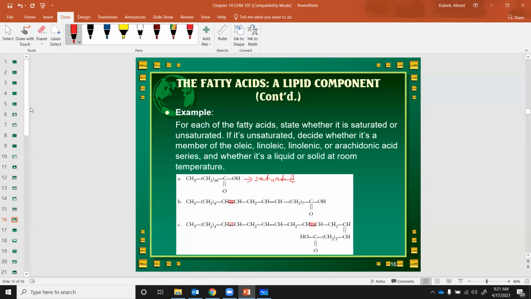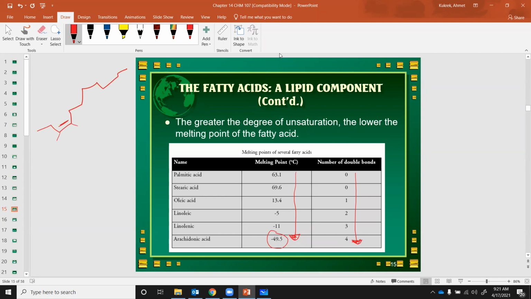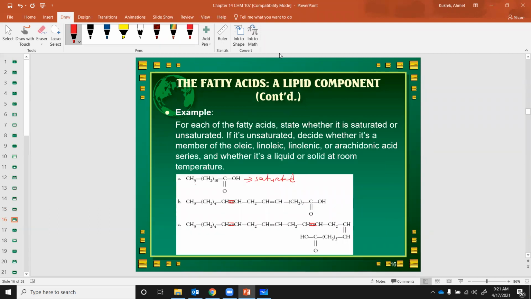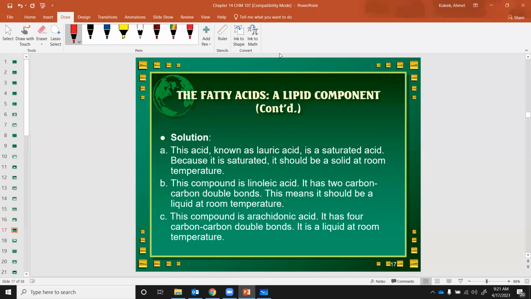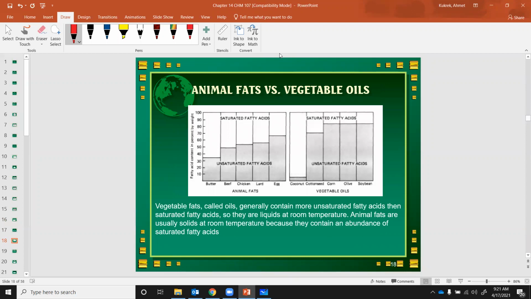Again, you don't have to worry about the other two. I don't want you to memorize things. I want you to understand the reason behind it. And this is another reason, kind of telling you: if you increase the saturated fats, then you're going to have a higher melting point.